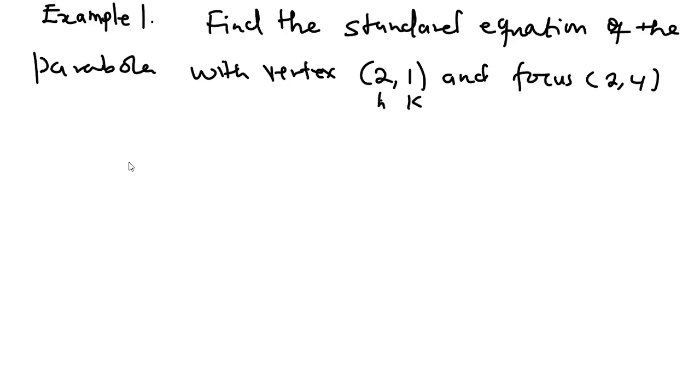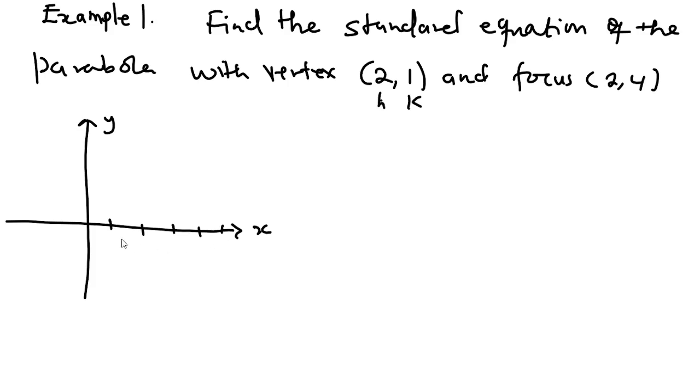So we have, let's take our Cartesian plane like this. Have y-axis, have x, and then 1, 2, 3, 4, 5. 1, 2, 3, 4, 5. 1, 2, 3, 4.